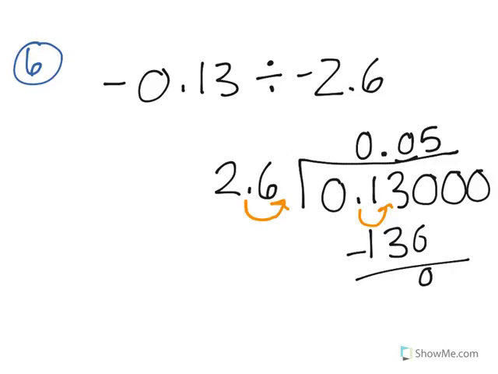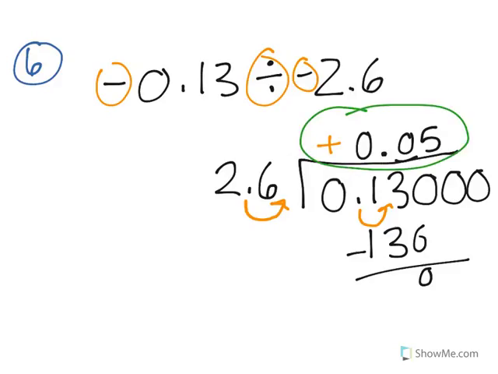So this is going to be 0.05. What we need to determine now is if it's going to be negative or positive. So I'm dividing two negatives. I'm dividing two things with the same sign, so my answer is going to be positive. So the answer is positive 0.05, which is answer choice C.